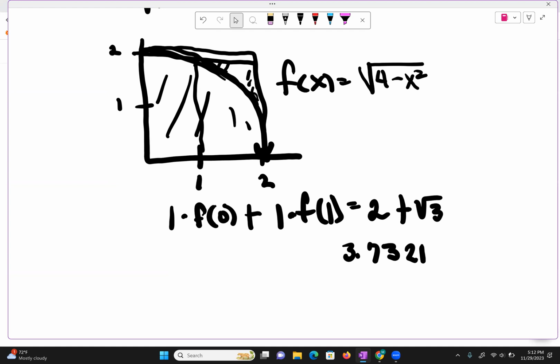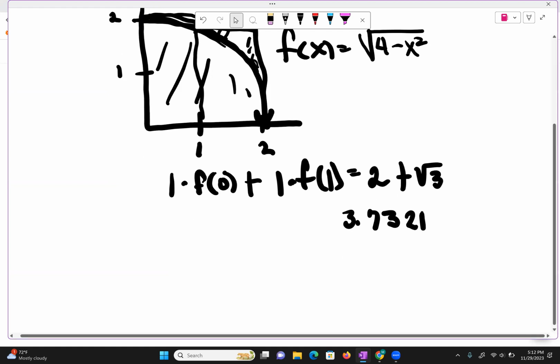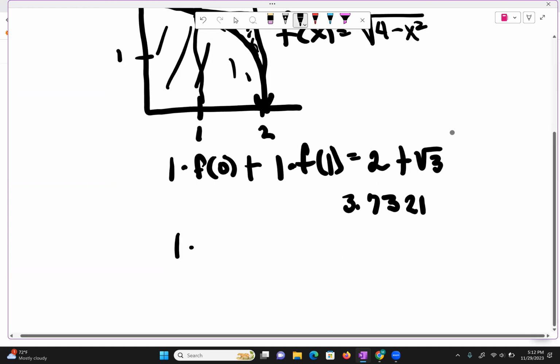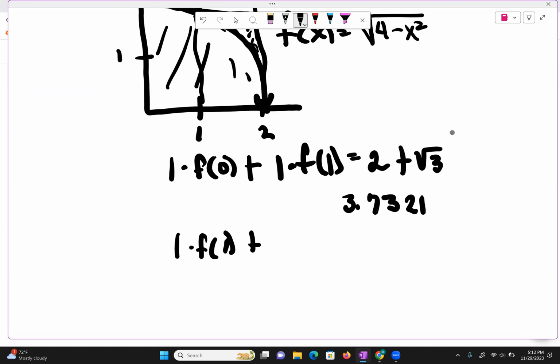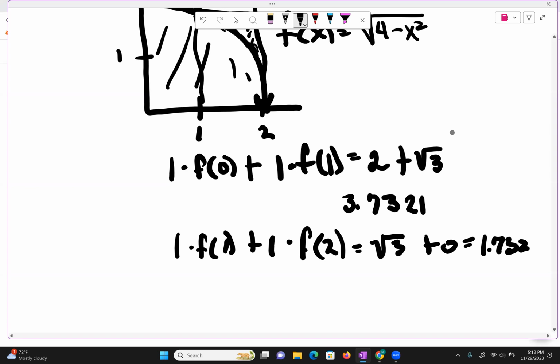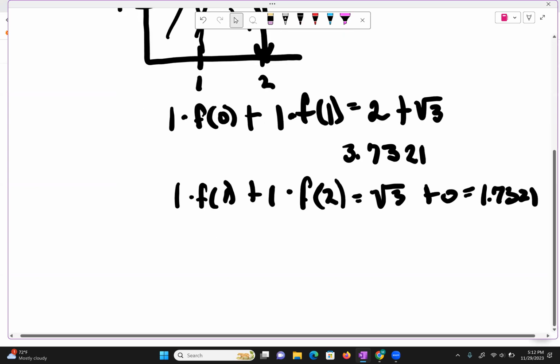In this case, the area of the 2 rectangles is going to be 1 times f of 1 plus 1 times f of 2, which in this case is square root of 3 plus 0, which gives us 1.7321 square units.